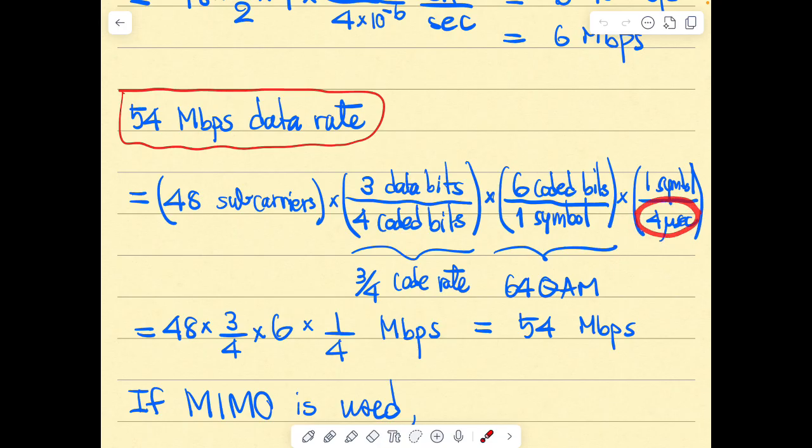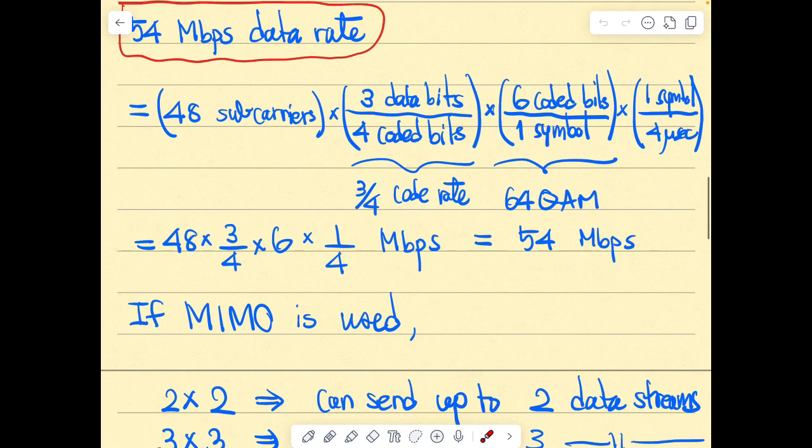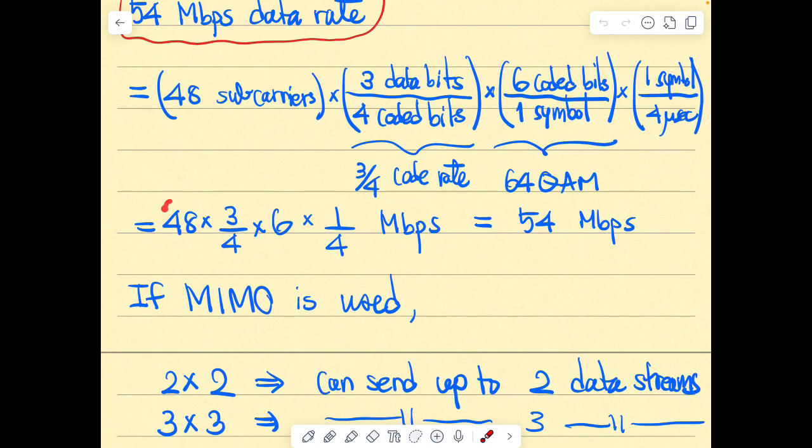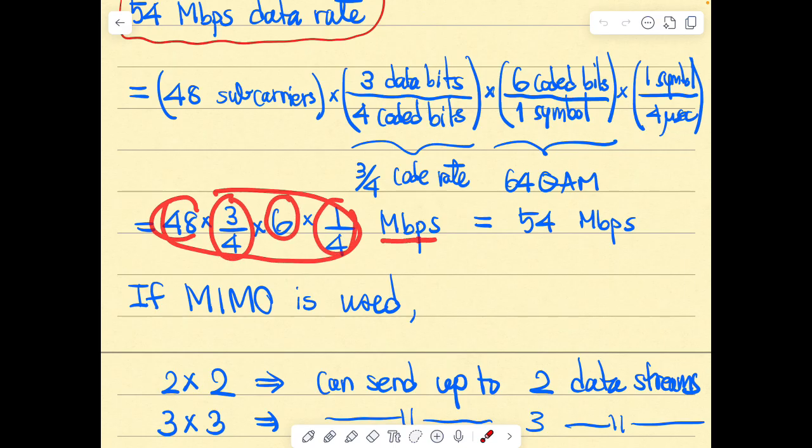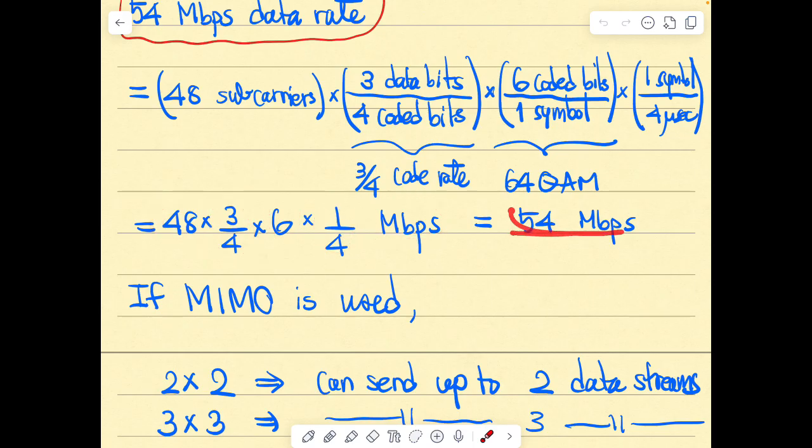There's no choice here; there's only one option for this standard. If you multiply all the numbers out, you get 48 multiplied by 3/4, multiplied by 6, multiplied by 1/4. The unit is megabits per second, so 54 megabits per second.